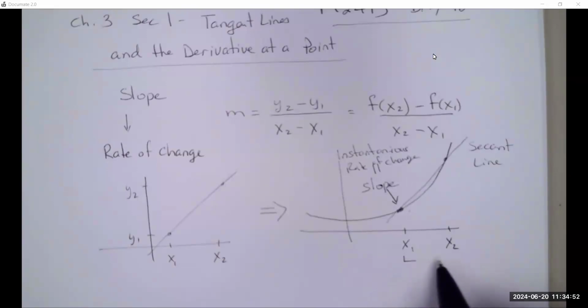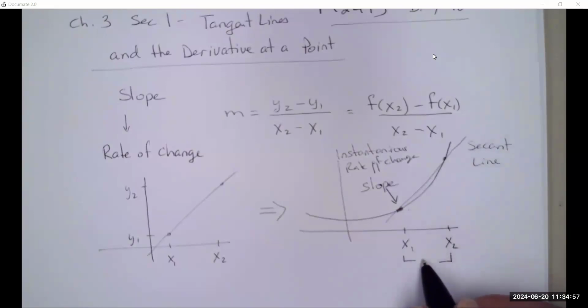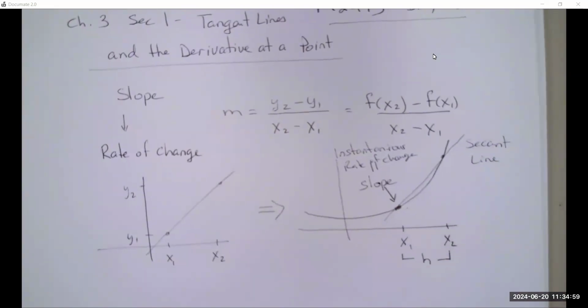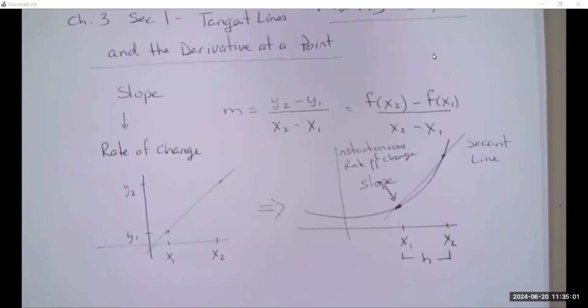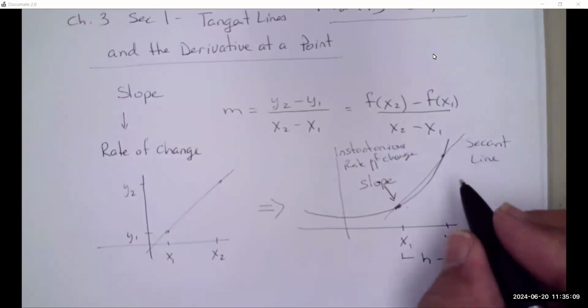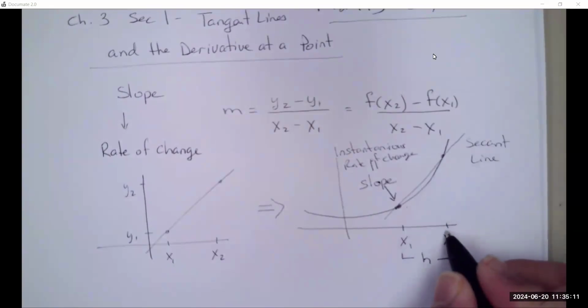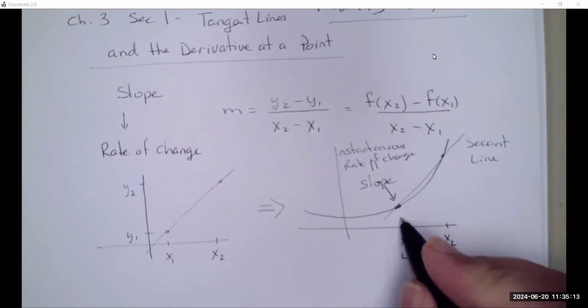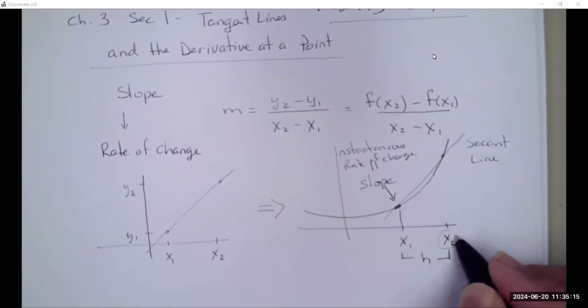We defined the distance between our 2 points of the secant line as h. And algebraically, since we want to know what this point is, we took this value and moved it closer.